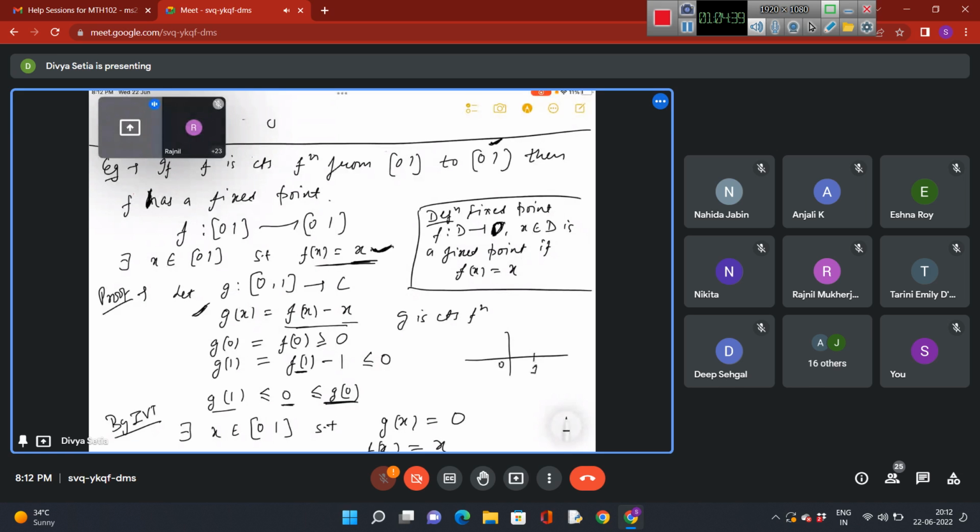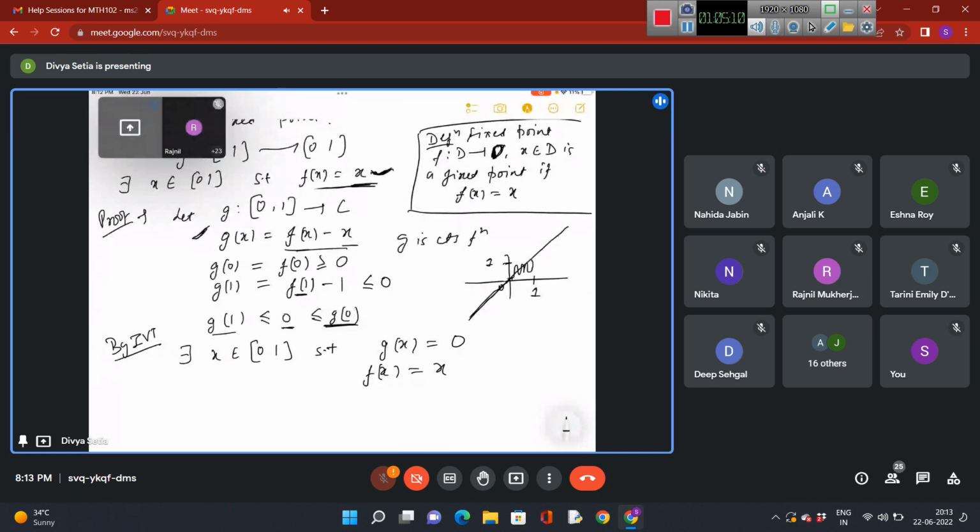If your function is from 0 1 to 0 1, any continuous function, any bad looking function you can create, but the range should be 0 1, it always has a fixed point, like it always intersects with this line, at least once.